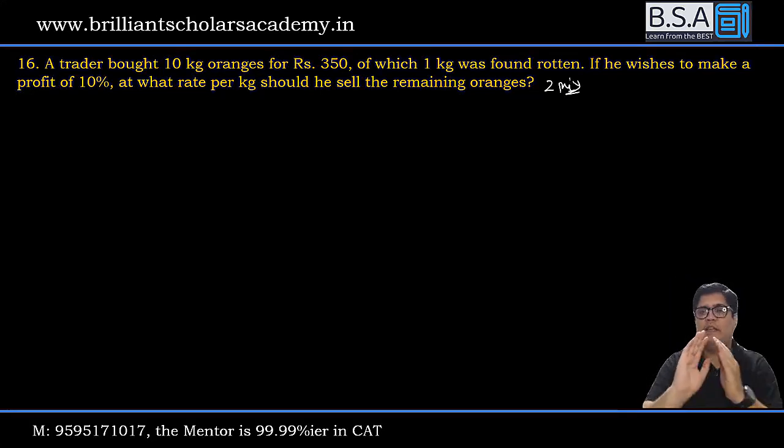Again, if you think systematically, you can answer this in one step. How many kilograms are there? 10. What is the price? Rupees 350 for all of them.